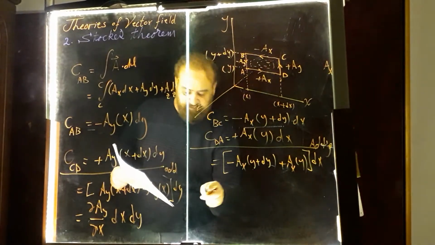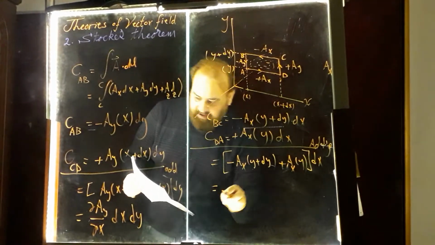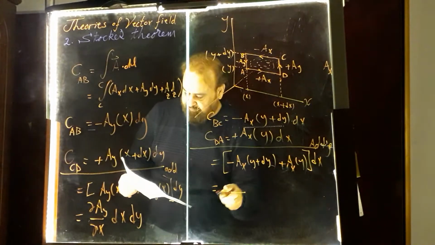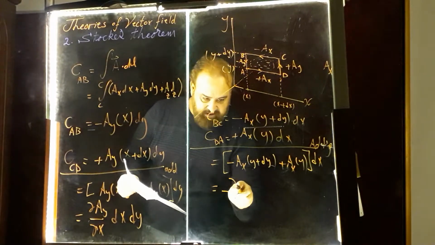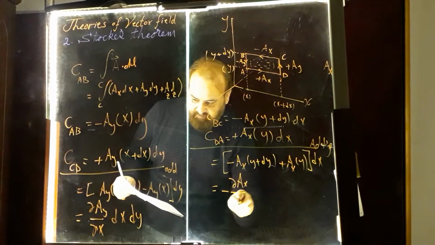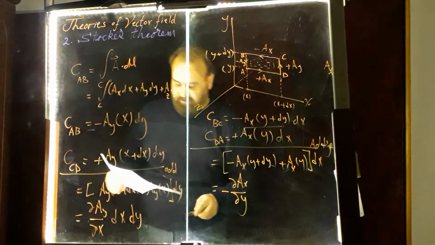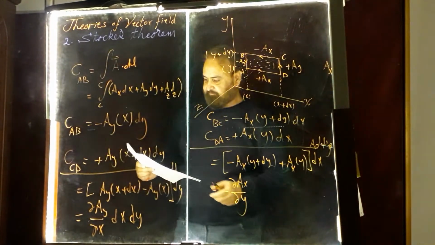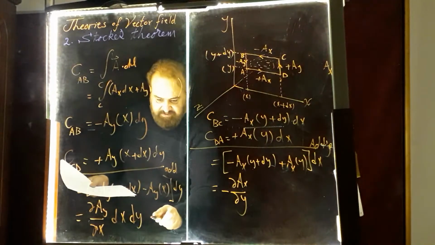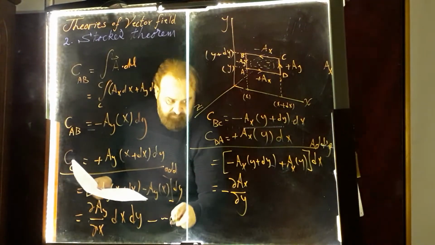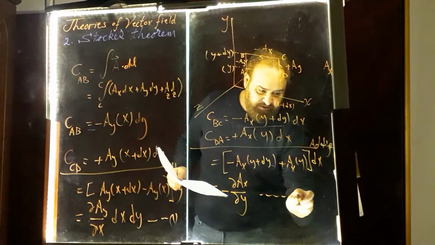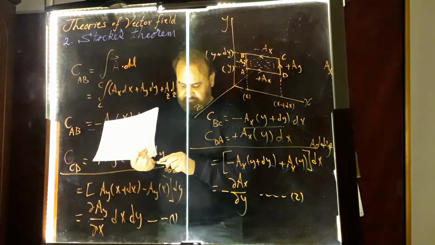And this is equal to minus partial Ax over partial y. Let's give this equation number 1 and this equation number 2.